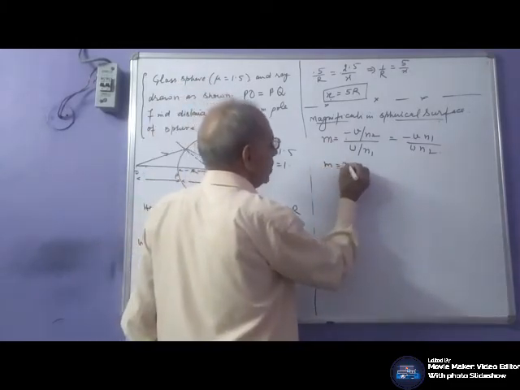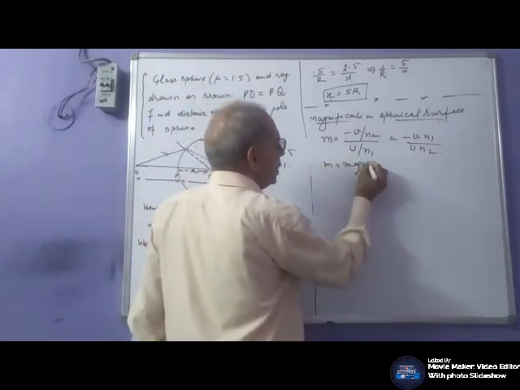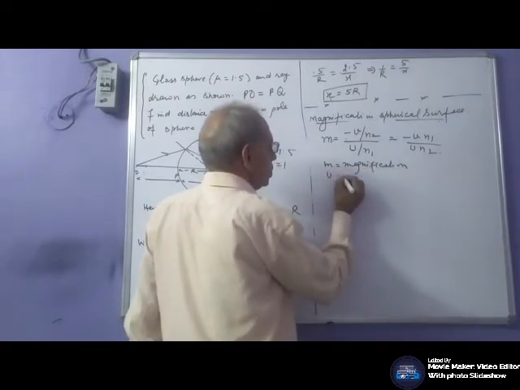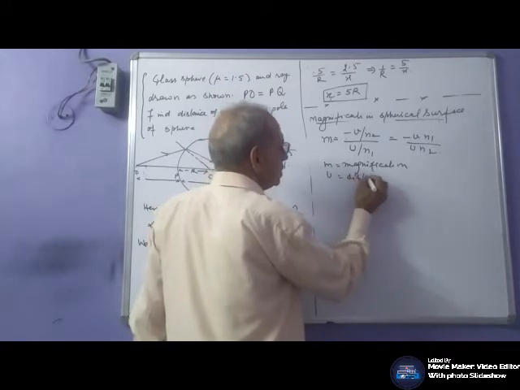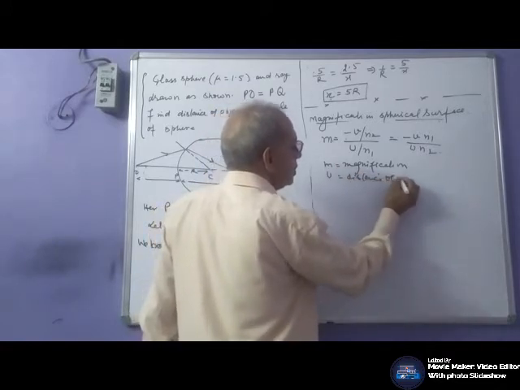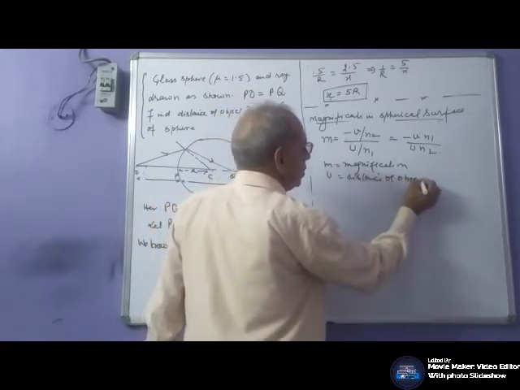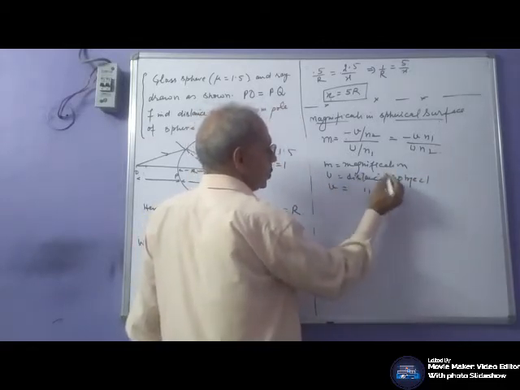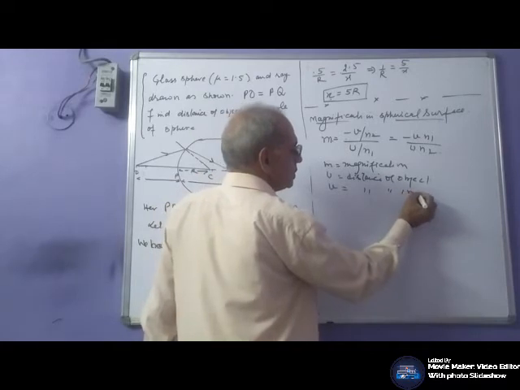M stands for magnification. U, distance of object. V, distance of image.